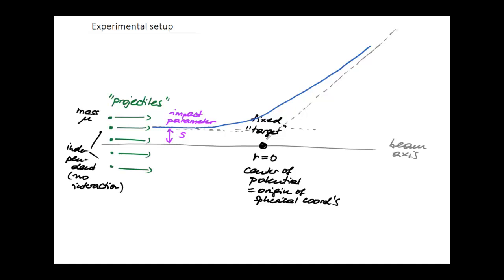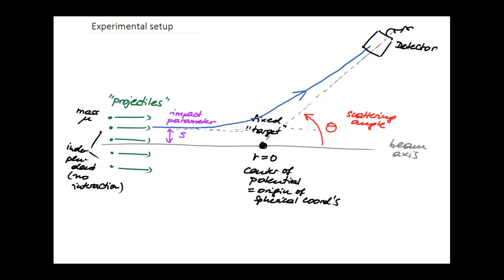So asymptotically, the particle will approach this straight line. This asymptotic linear trajectory is tilted against the beam axis by some angle theta. And that is the scattering angle, or it's deflected by some angle theta. Now, somewhere up here in the experimental setup, you will have a detector.